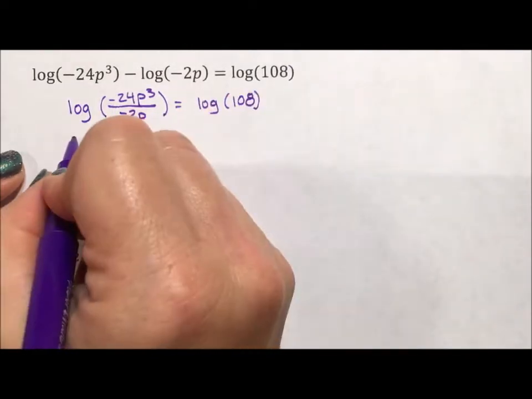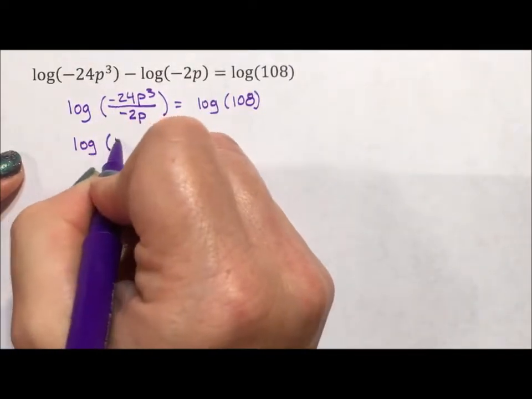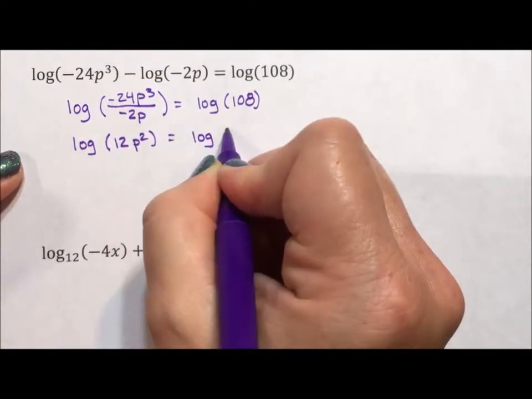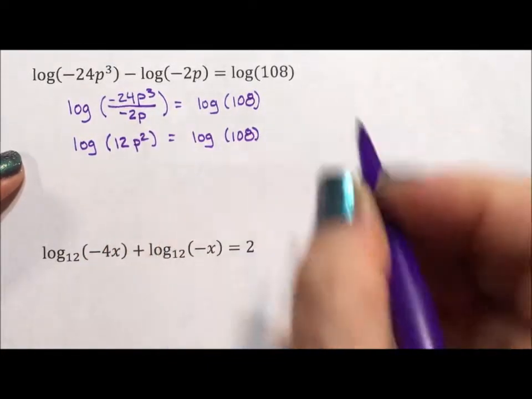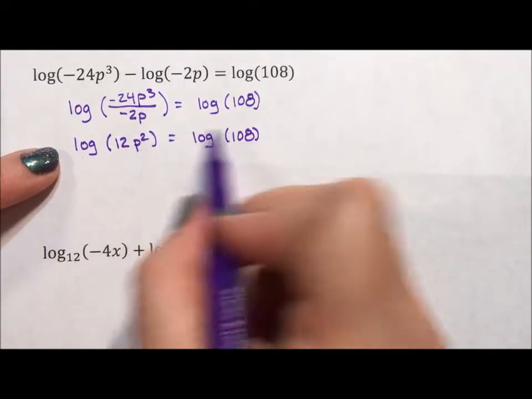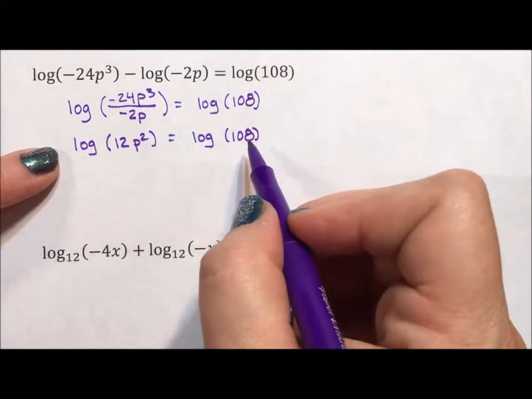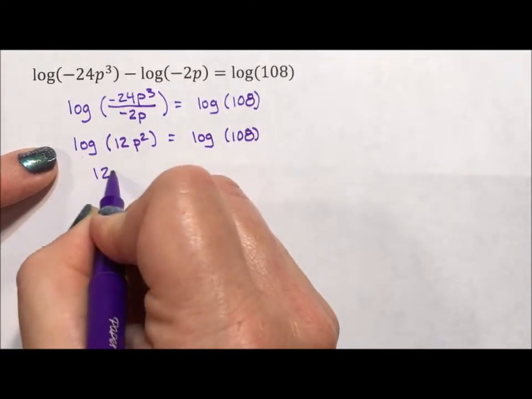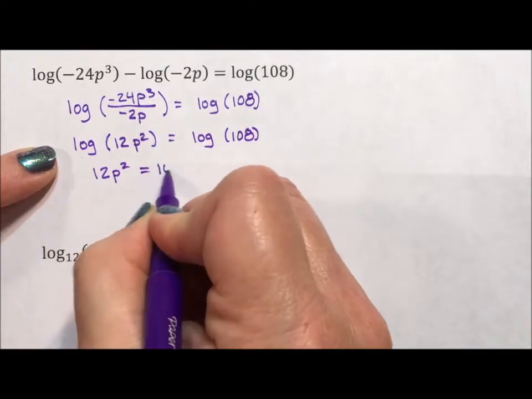Well, this reduces down to 12p squared equals log of 108. Here's the deal. If the logs are the same, and they are, then the arguments have to be the same. So log of something equaling log of something else, that something, 12p squared, better equal that something else.